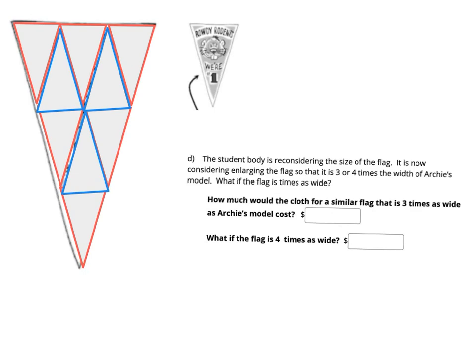You can see that now when you made it 3 times as wide and 3 times as tall, it's going to take 9 of those smaller flags. So because it takes 9 of the smaller flags, we have to take 9 times $2, which will give us $18 for the cost of the flag that is 3 times as big.